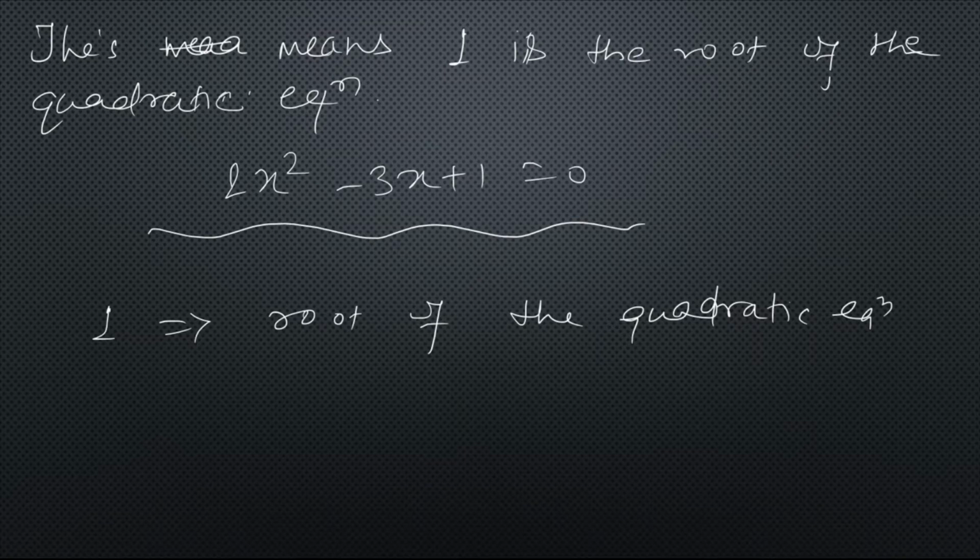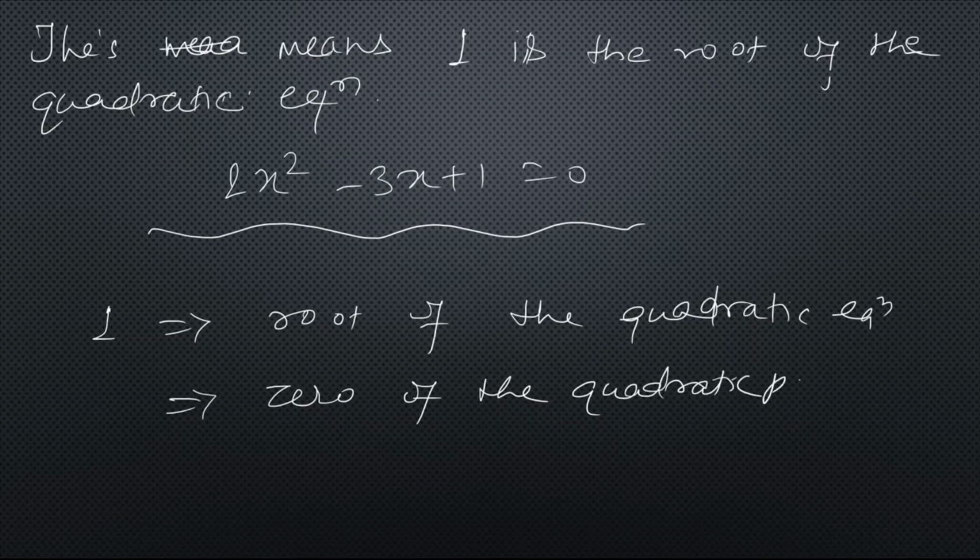Also, 1 is called a zero of the quadratic polynomial. What? Zero of the quadratic polynomial. Okay.